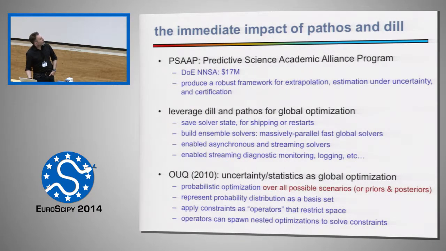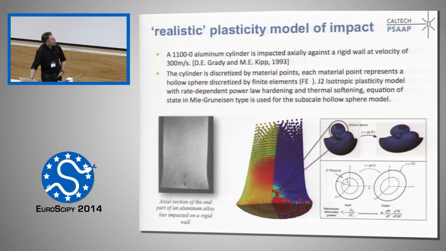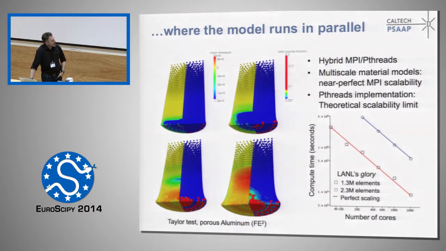And so we used it to basically build this big global optimizer that does statistics, some very large problems. So we do things like, please see my poster out there. We have very large parallel computing optimization algorithms, and you can see some of the code out there on the poster. We've done some science, big statistical science that runs on these big machines.